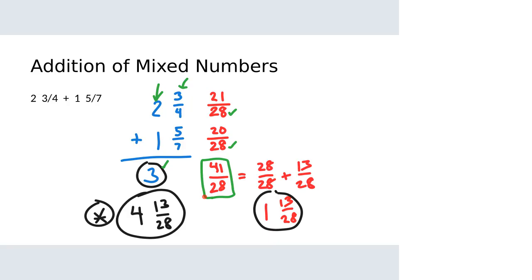So now I need to turn that into a mixed number, which is something we did just a minute ago. And now I have to remember, okay, this 1 and 13/28 needs combined with the 3 that I had from before to give me a final result of 4 and 13/28. Let me know if you have any questions about anything there before we do this again using a different approach.